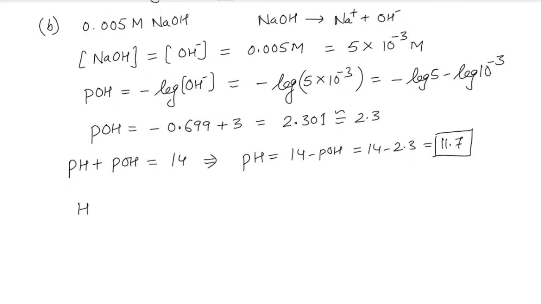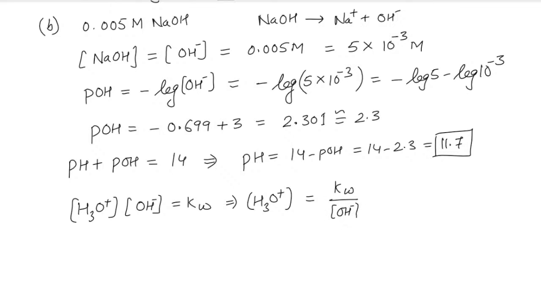The second method is to first calculate the H plus ion concentration from the OH negative ion concentration. You know the ionic product of water: H3O plus ion concentration into OH negative ion concentration is equal to Kw. So H3O plus ion concentration is Kw over OH negative ion concentration. Kw is 10 raised to power minus 14 divided by 5 into 10 raised to power minus 3. So it becomes 2 into 10 raised to power minus 12 molar.